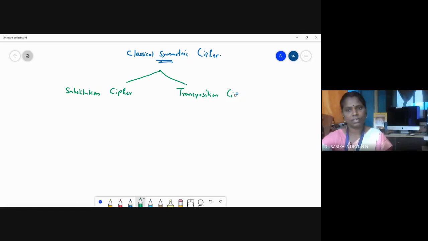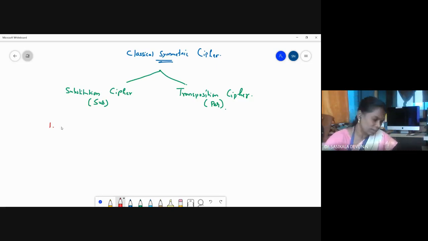In a substitution-based cipher, the basic operation is only substitution. In a permutation-based cipher, the basic operation is only permutation. But modern ciphers are based on both substitution and permutation. Under the substitution category, the first very simple cipher, which we can complete within 10 minutes, is the Julius Caesar cipher, developed by Julius Caesar.